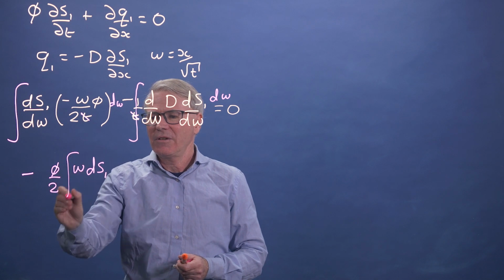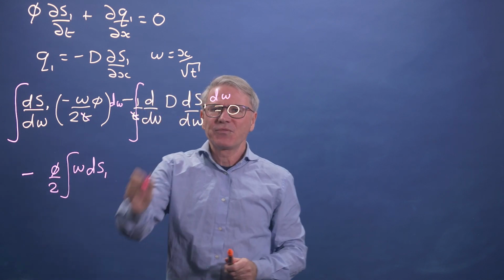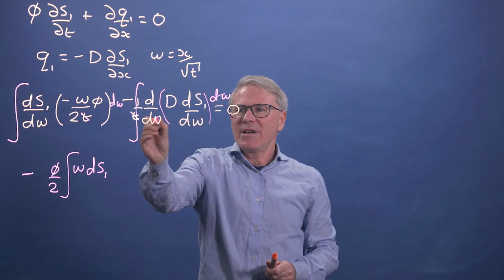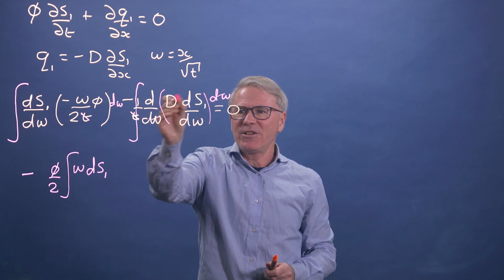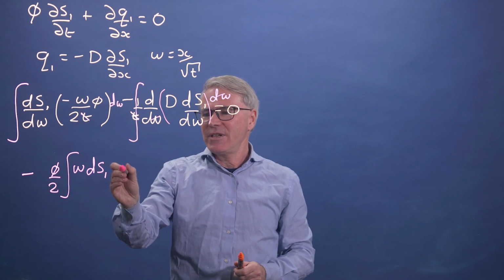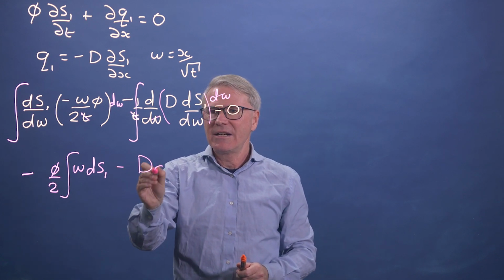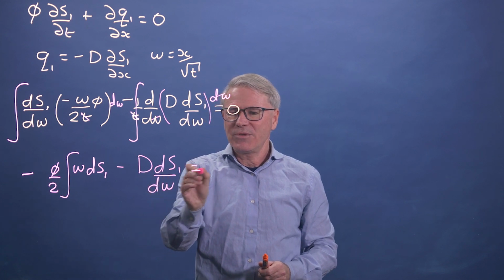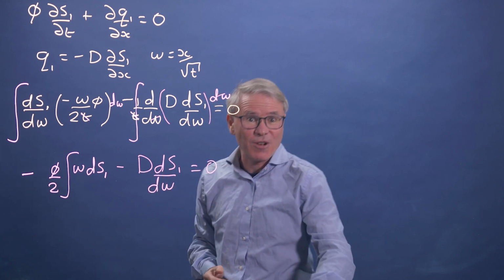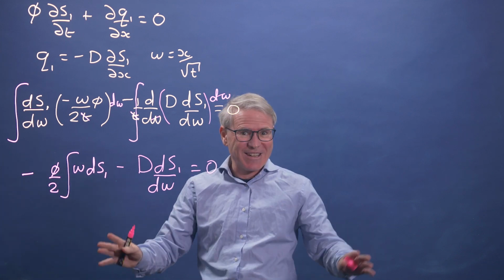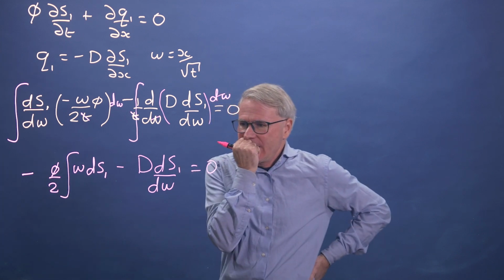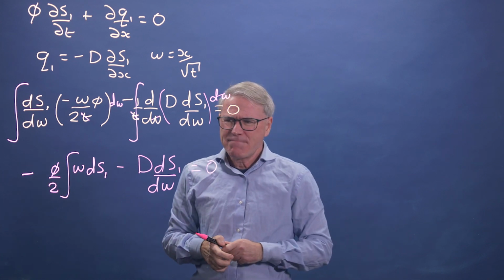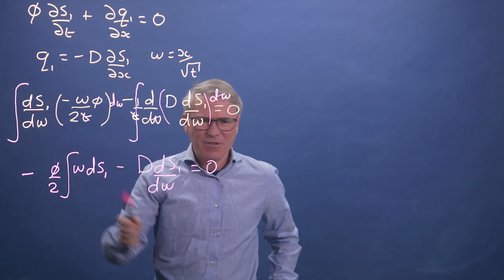This term, d by d omega, is just the differential of D dS/d omega. So this is actually just D dS by d omega equals 0. And of course there's going to be some appropriate constant of integration, but we're going to get to that next. So this seems like a problem, but just a moment, we need to think, well, what's omega dS?